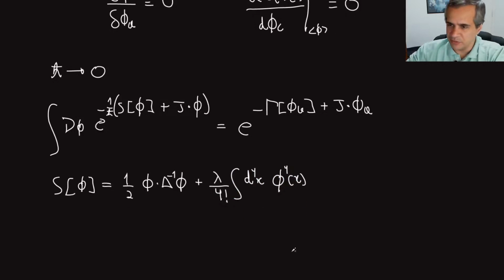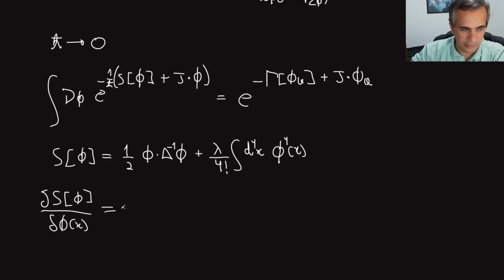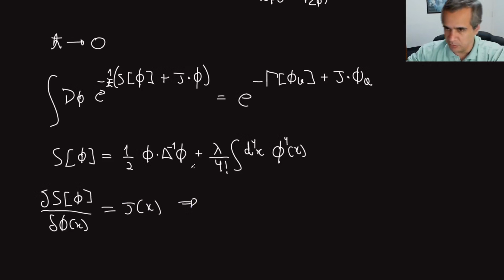So then if I use the extreme action principle, this becomes this equation, and the solution to this is the classical configuration of the field, right? So using this up here, I get another equation. I'm just varying this in relation to phi.